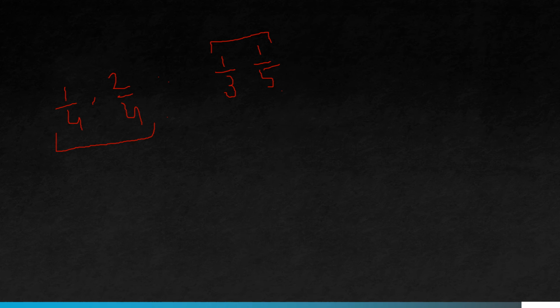Okay, and this is the sign for greater and this is the sign for lesser. This is how you can denote it. This is the rule when we have the same denominator or same numerator.